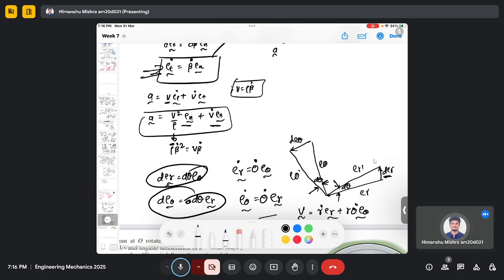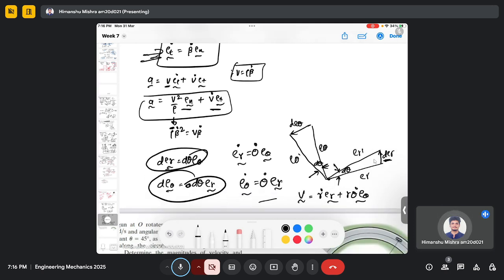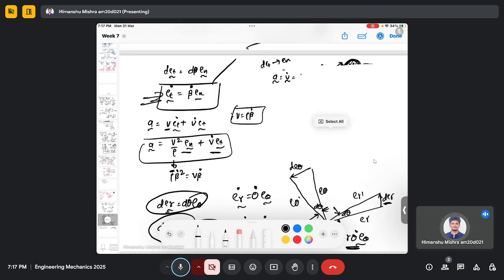then it will be acceleration, rate of change of velocity. Then you have to take the derivative of this component and this component, and all is dependent on time. So it will be R double dot ER plus R dot ER dot.